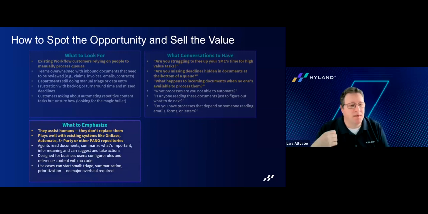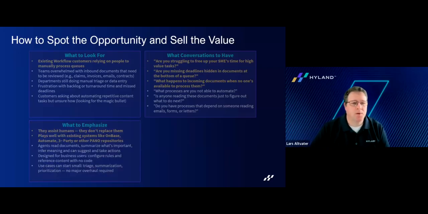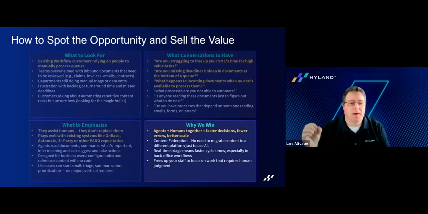Things you can emphasize are that agents can assist humans. They don't necessarily replace them, right? They just move humans up in the value chain to focus on higher value items. They play well with existing systems. We can integrate with Panel, OnBase specifically, or you can use Automate, meet the customer where they are. If they have a third-party repo, we can do these kinds of things.